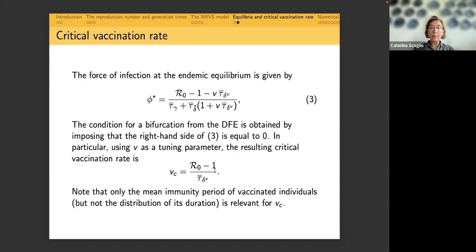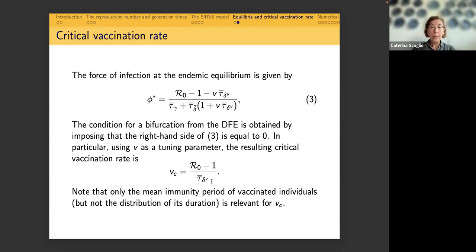From this, we can consider that the force of infection at the endemic equilibrium is given by expression 3. When we impose for the bifurcation that the numerator is equal to 0, the critical vaccination rate can be written as R naught minus 1 divided by tau bar dV.